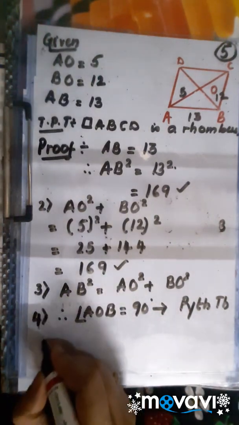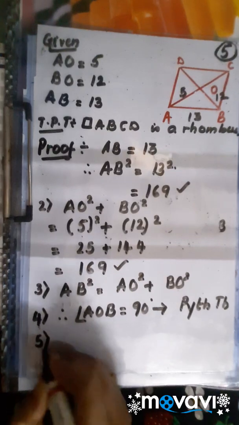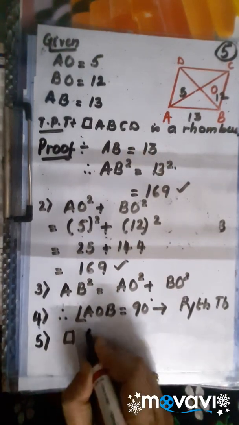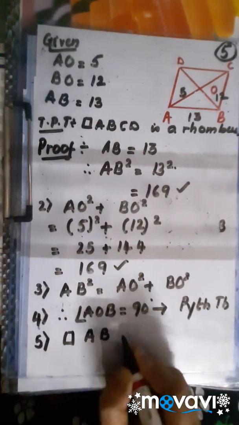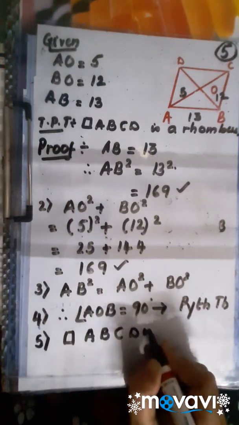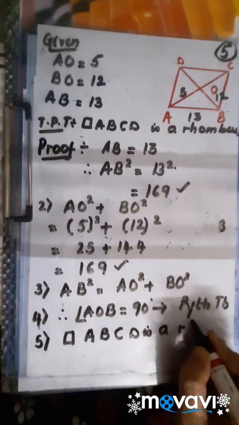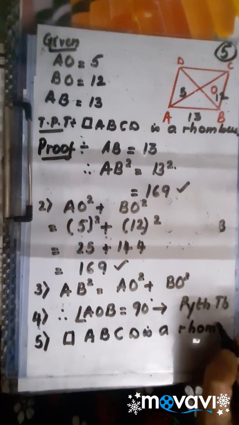Therefore, I can say that quadrilateral ABCD is a rhombus, right?